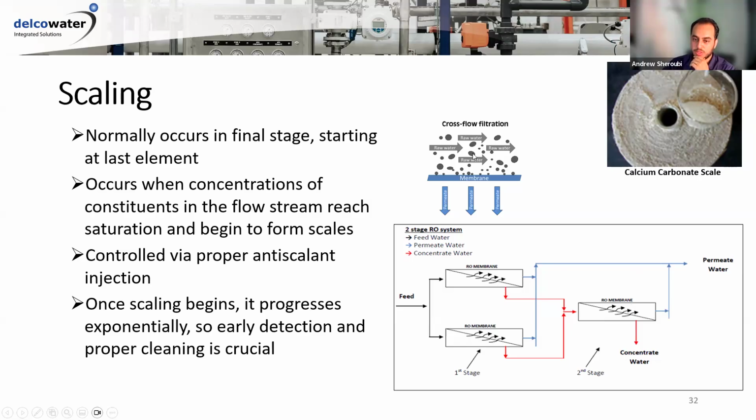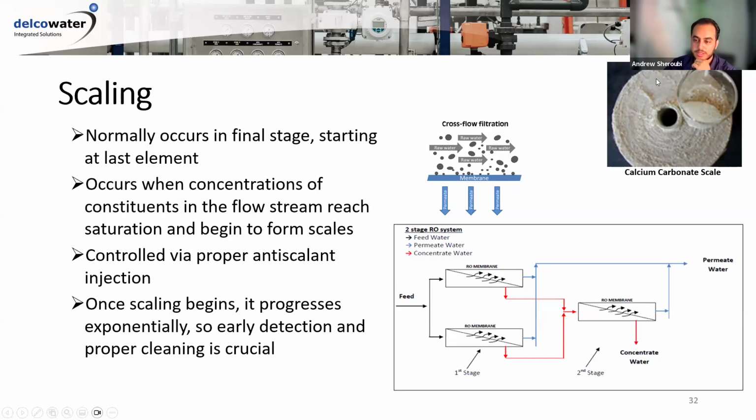But if you think about it, this raw water keeps losing clean water, so it becomes more and more concentrated. There comes a point where it becomes saturated or oversaturated, and specifically if you have high hardness, you get things like calcium carbonate precipitating out, and that would scale and form a layer over the membrane. That's pretty detrimental because it blocks the membrane entirely, and it basically won't produce any water through it.